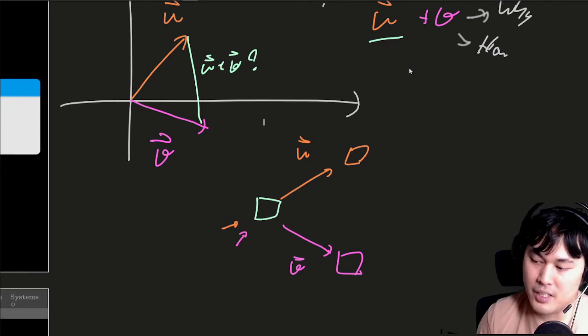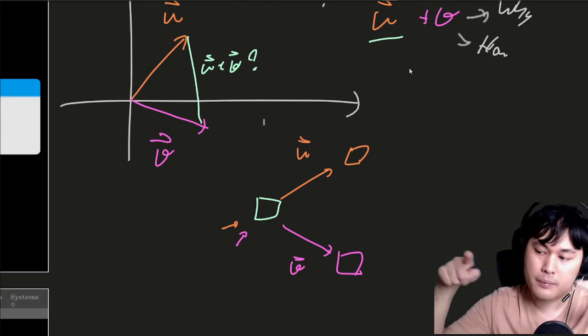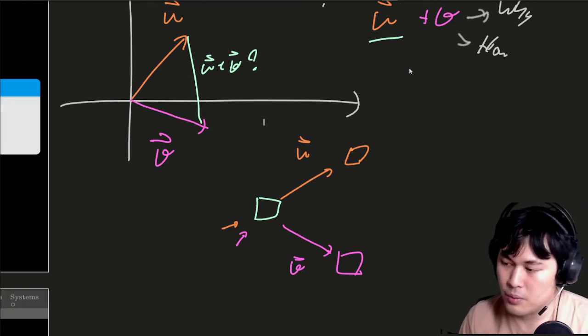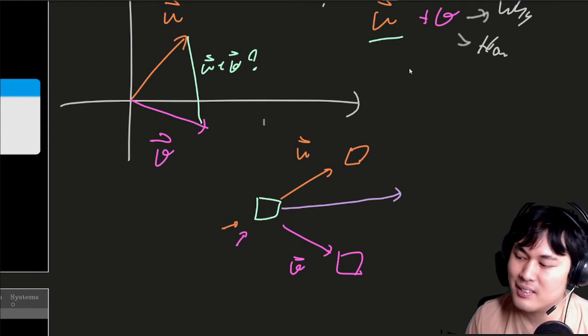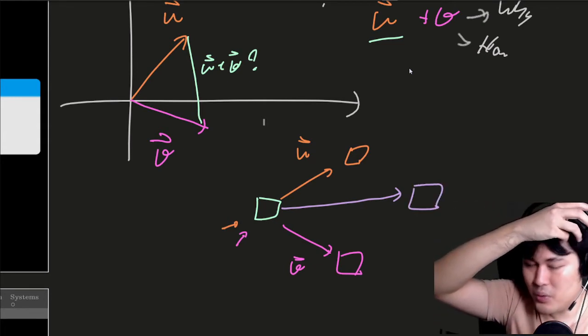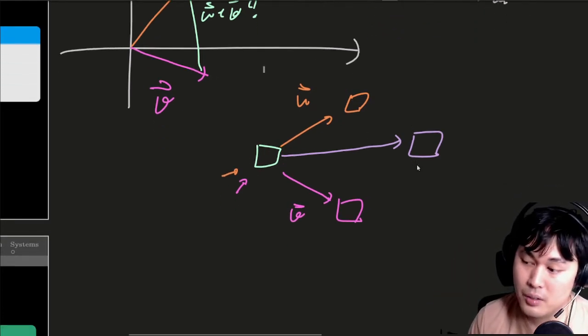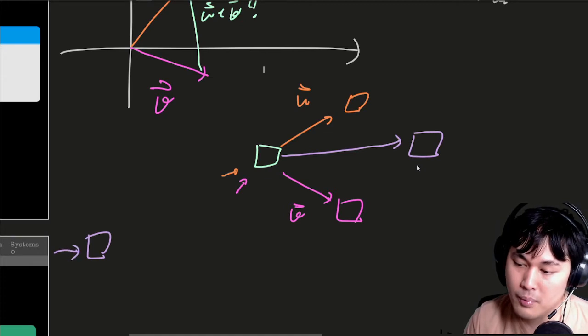What you expect to see after the movement, when you combine forces, is that the object should move kind of like here. You can try it, of course. Maybe it's difficult to see in this way, but let's say you move right and up.